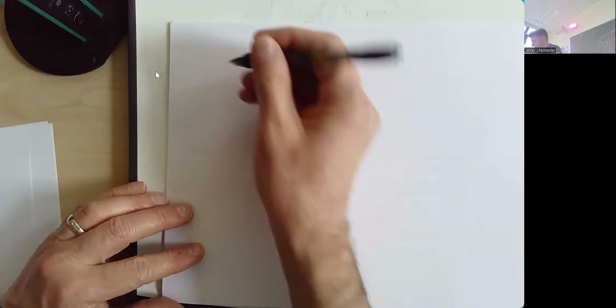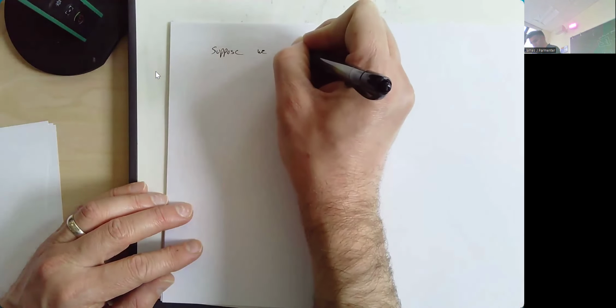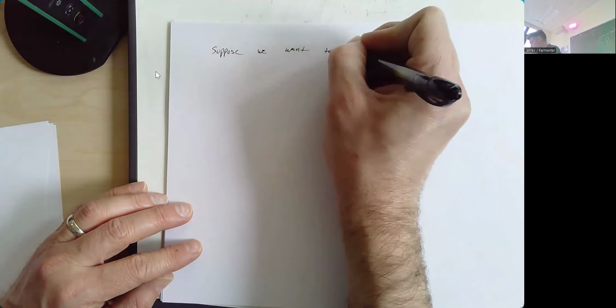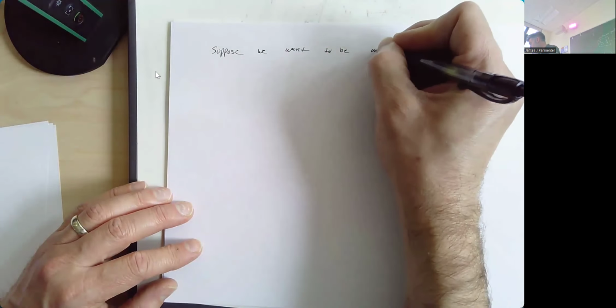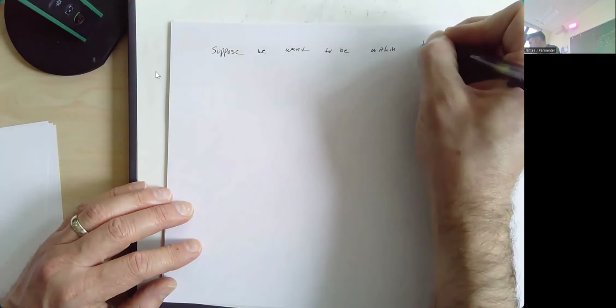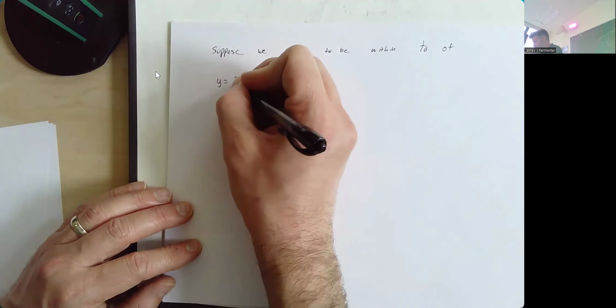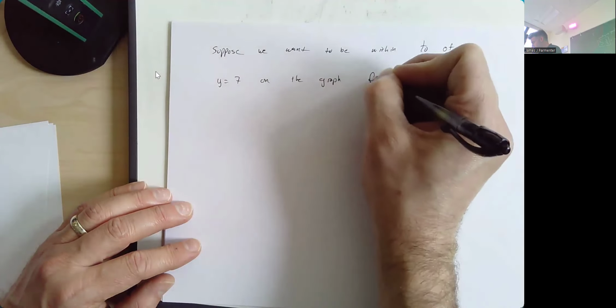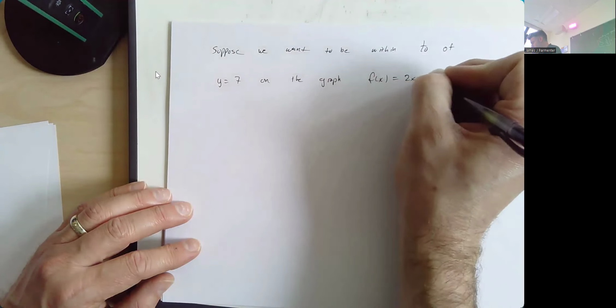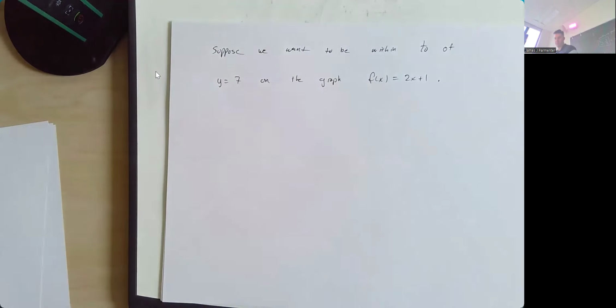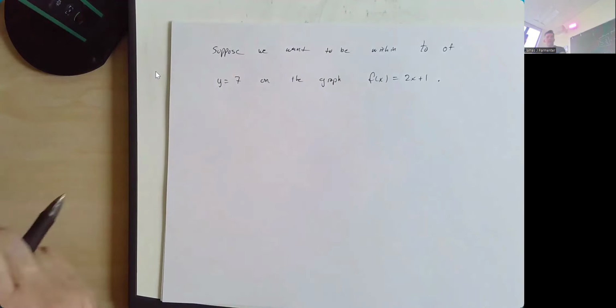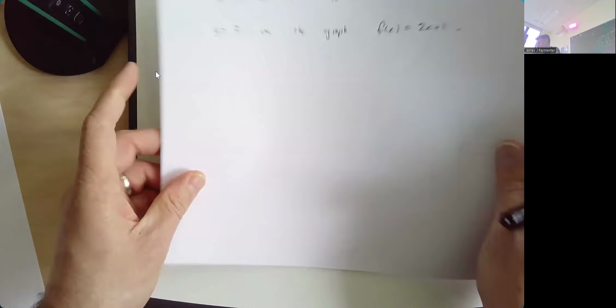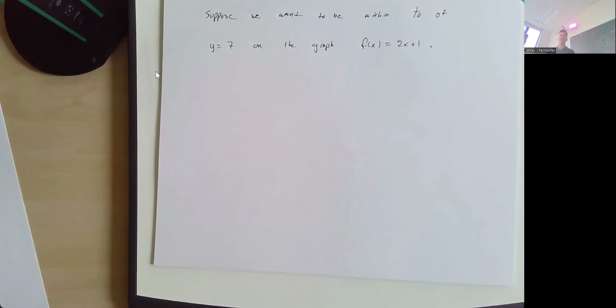So suppose we want to be within 1/10 of y equal to 7 on the graph of f of x equal to 2x plus 1. Can we find the x values that are going to describe that?